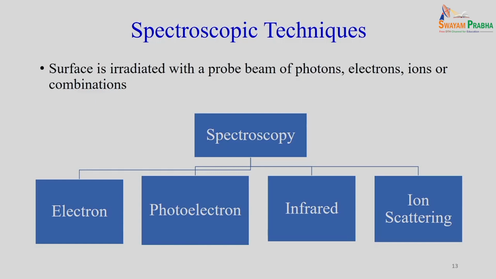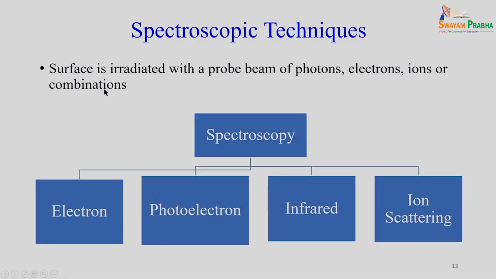Now, after the microscopy we will discuss the spectroscopic techniques. In spectroscopy, again the surface is irradiated with a probe beam. It may include photons, electrons, ions, or combinations like photons and electrons. Accordingly, the spectroscopy names are also classified, like electron spectroscopy, photoelectron spectroscopy, infrared spectroscopy or ion scattering spectroscopy.